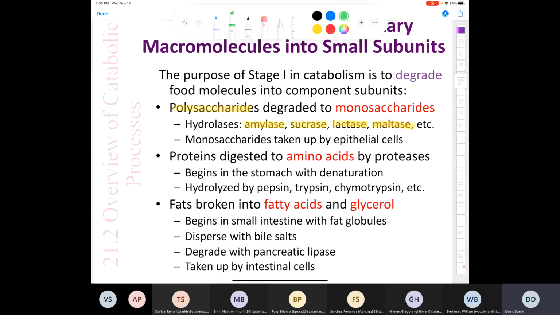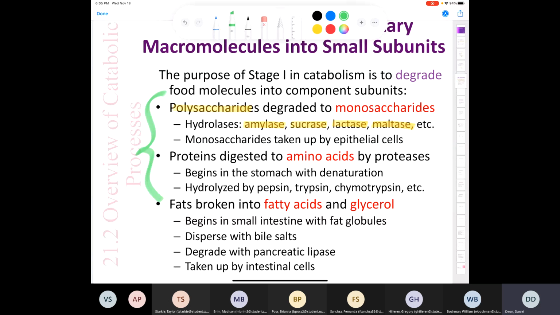And then finally, the fats are broken down into fatty acids and glycerol. Unlike sugars and proteins, fats are not broken down immediately. Their digestion doesn't really start until they get down into the intestines.